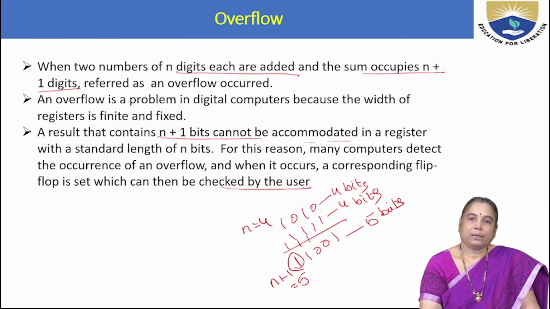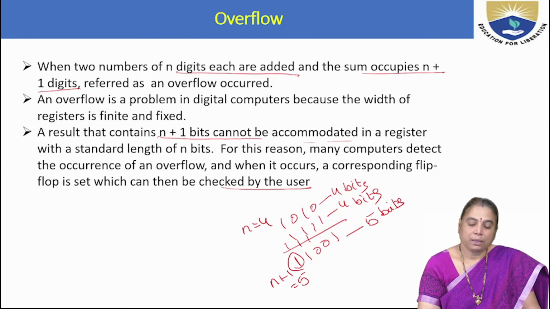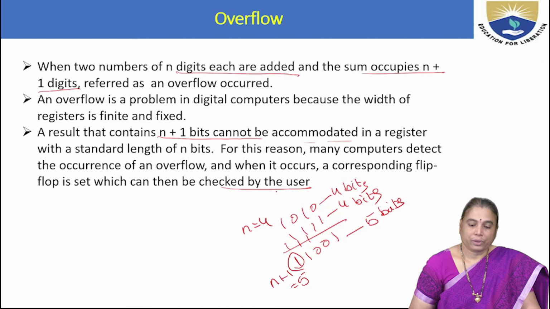This extra bit can be stored generally in the flip-flop whenever an overflow occurs. Whether the overflow occurred or not can be detected by examining the status bit register, the overflow bit. So if overflow occurs, that bit has to be stored in the flip-flop and the condition can be checked by the user.